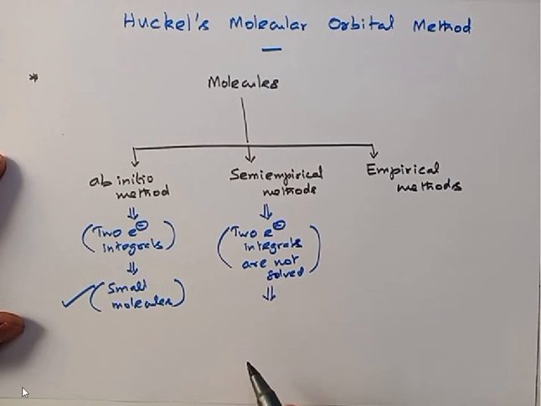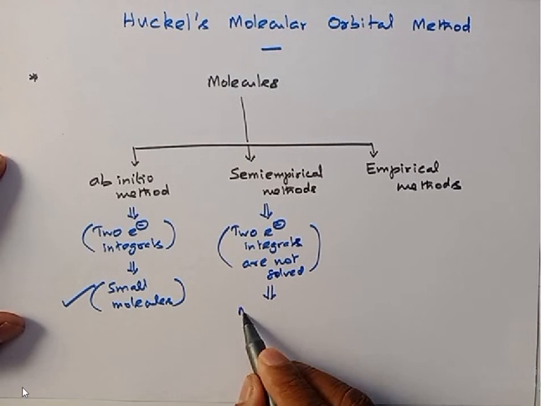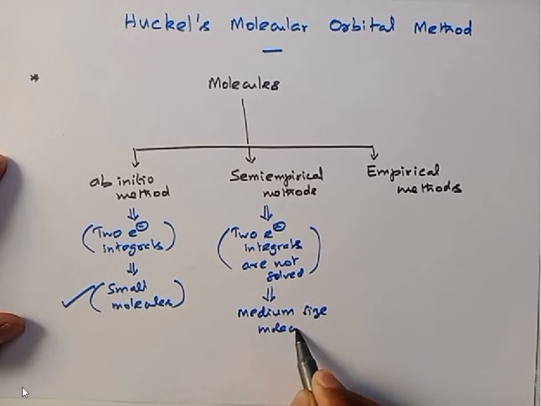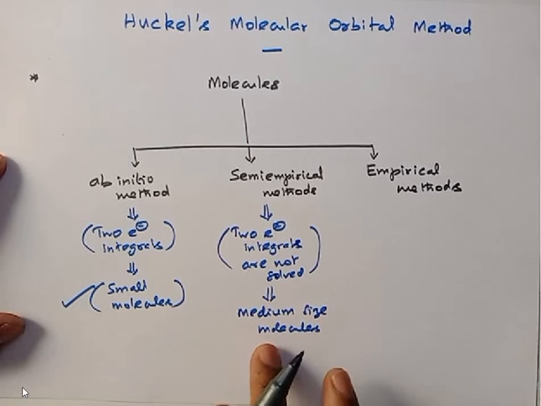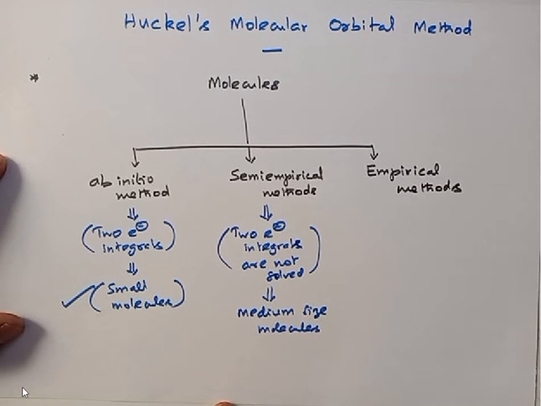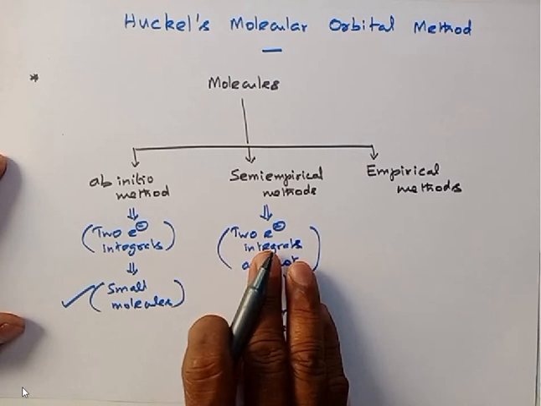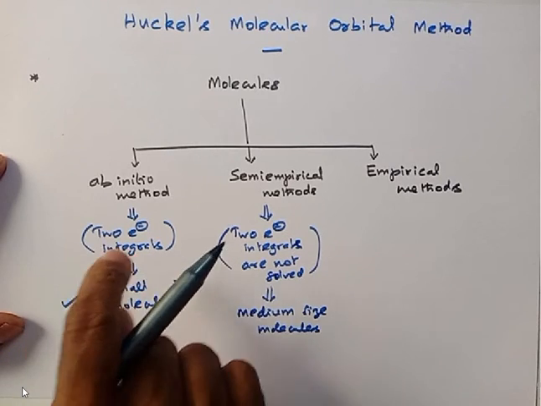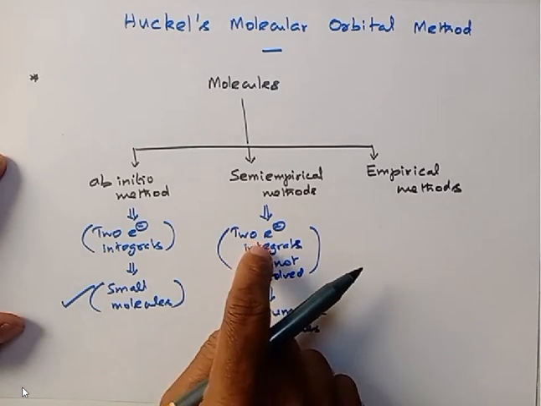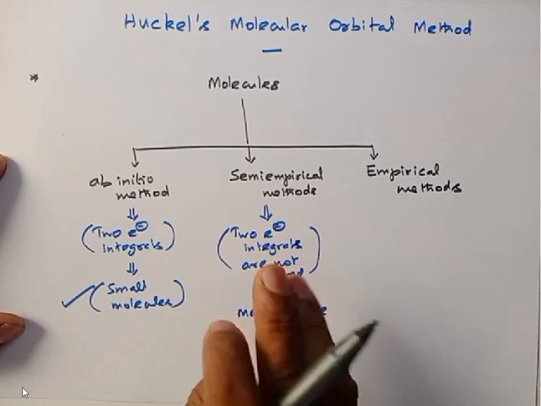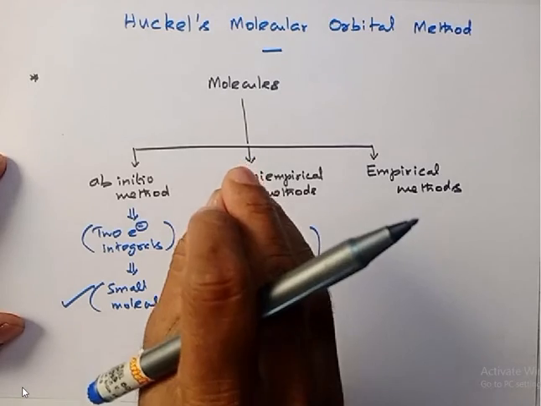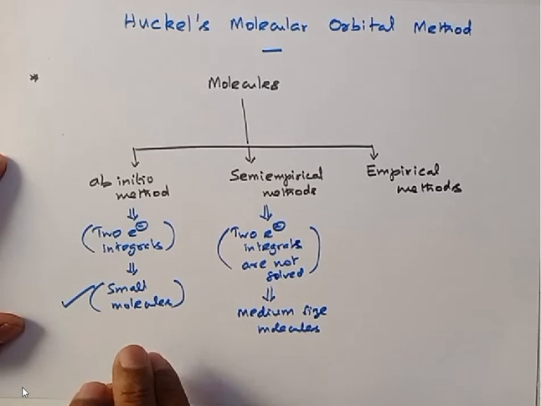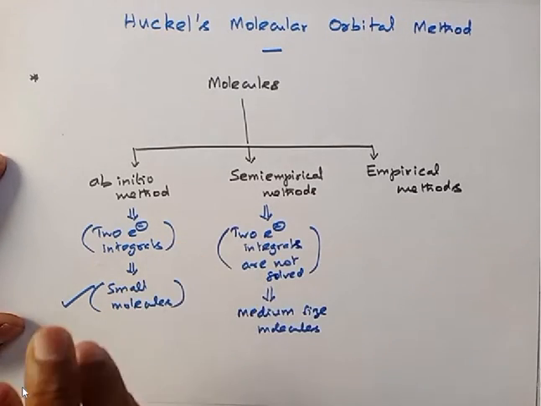This technique is applicable for medium size molecules. Even some large molecules you can employ here. The basic difference between these two is that in Abhinitio all two electron integrals are solved mathematically exactly using computers, whereas here the two electron integrals are not solved, but to fit with the experimental data some values are incorporated in the results.